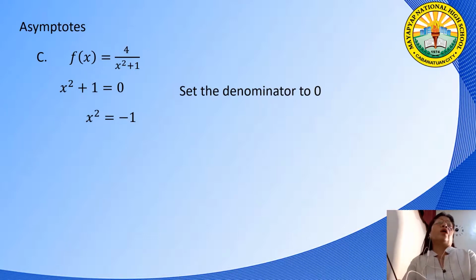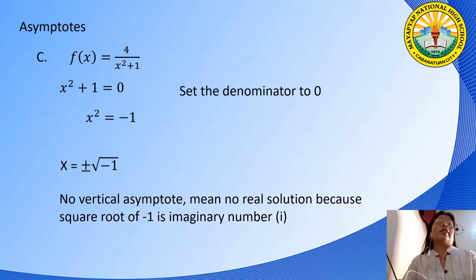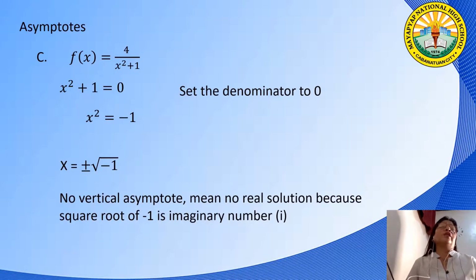So x squared equals negative 1. x equals plus or minus square root of negative 1. In our example, there is no vertical asymptote, meaning no real solution, because the square root of negative 1 is an imaginary number, represented by the symbol i.